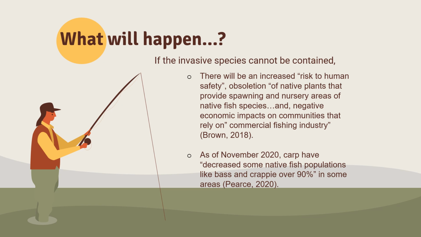Now, quite scary. As of November 2020, carp have decreased native fish populations like bass and crappie over 90% in some areas on the Mississippi River. And that's a pretty daunting statistic.